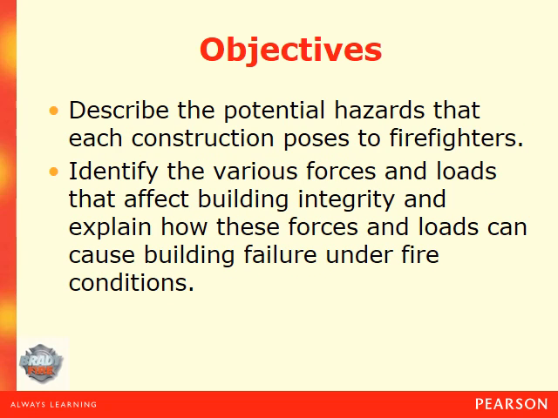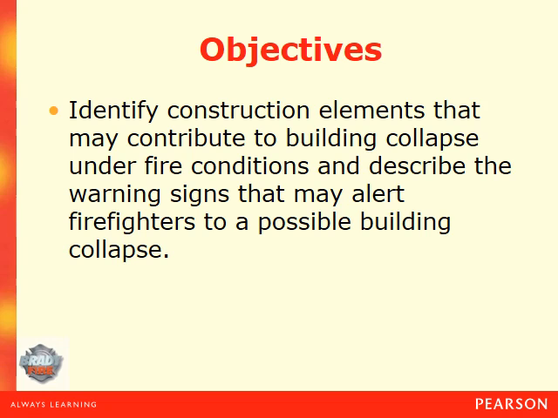Describe the potential hazards that each construction possesses to firefighters, and identify the various forces and loads that affect building integrity, and explain how these forces and loads can cause building failure under fire conditions. Identify construction elements that may contribute to building collapse under fire conditions, and describe the warning signs that may alert firefighters to a possible building collapse.